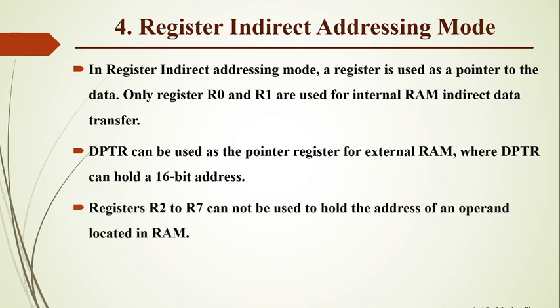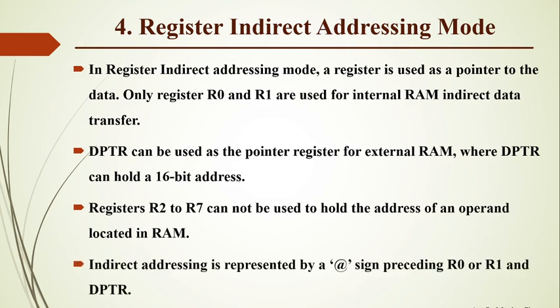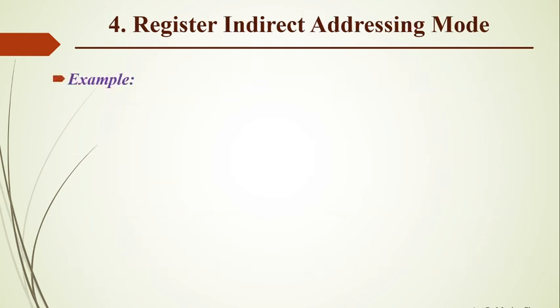Registers R2 to R7 cannot be used to hold the addresses of an operand located in RAM. Only R0 and R1 are used. Indirect addressing is represented by an @ sign preceding R0, R1 or DPTR. Let's see the example.